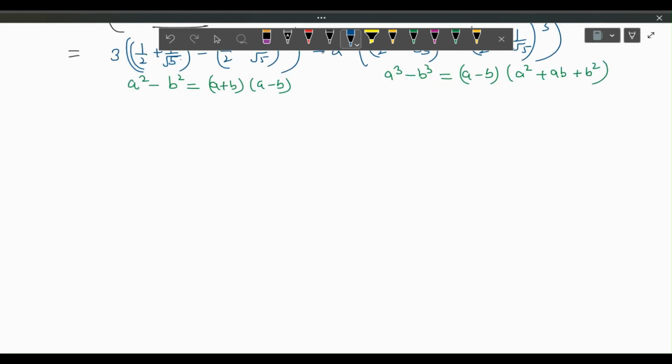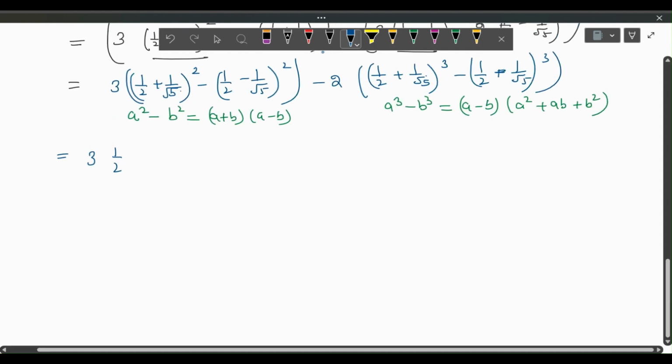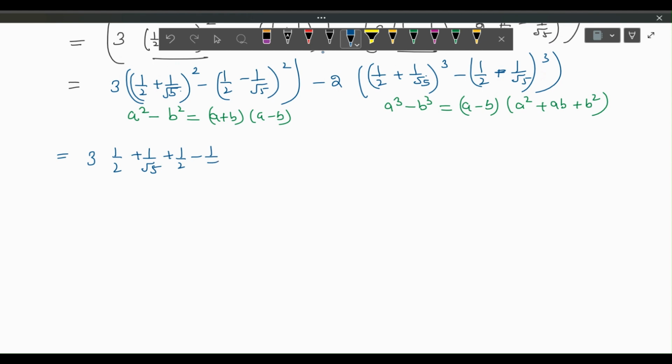Using these formulas, it will be 3 times: (1/2 plus 1/√5) plus (1/2 minus 1/√5), adding these two expressions and subtracting these two, so (1/2 plus 1/√5) minus (1/2 minus 1/√5).